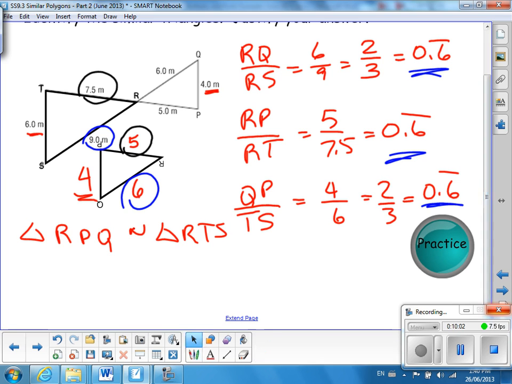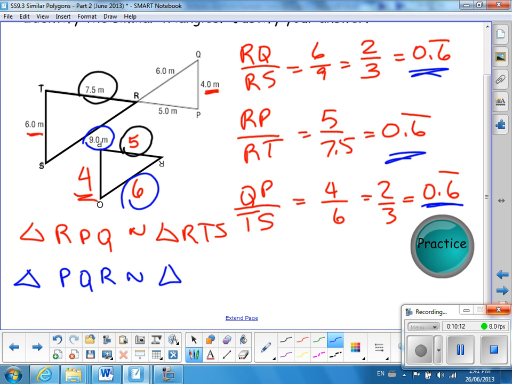Now, you could also write it a little bit differently. You could say triangle PQR is similar to triangle TSR. The order doesn't matter as long as the corresponding angles match.